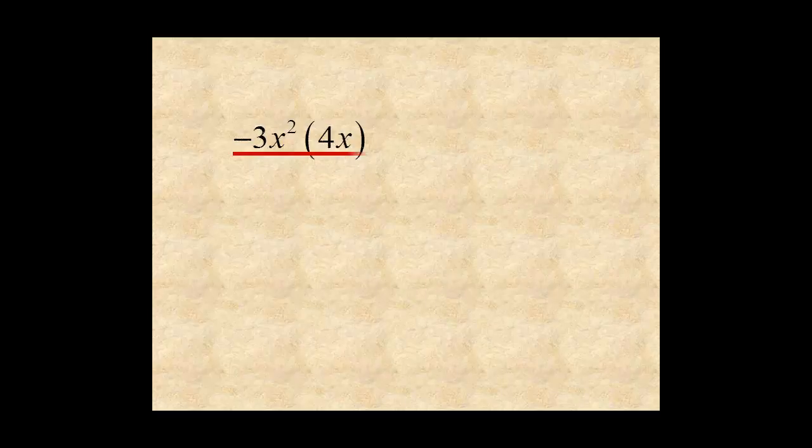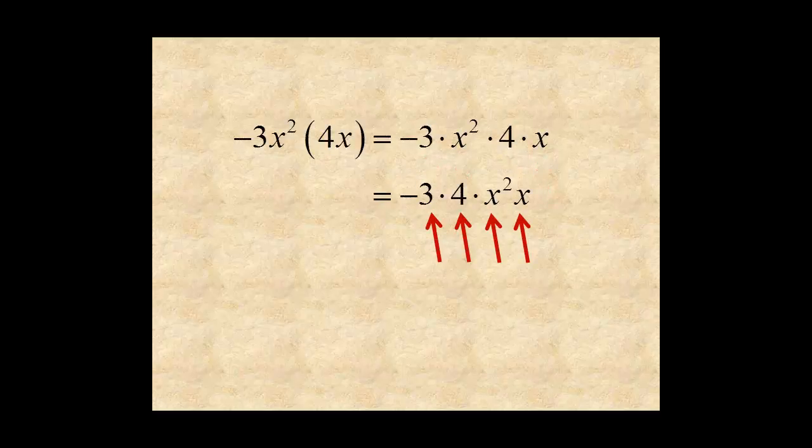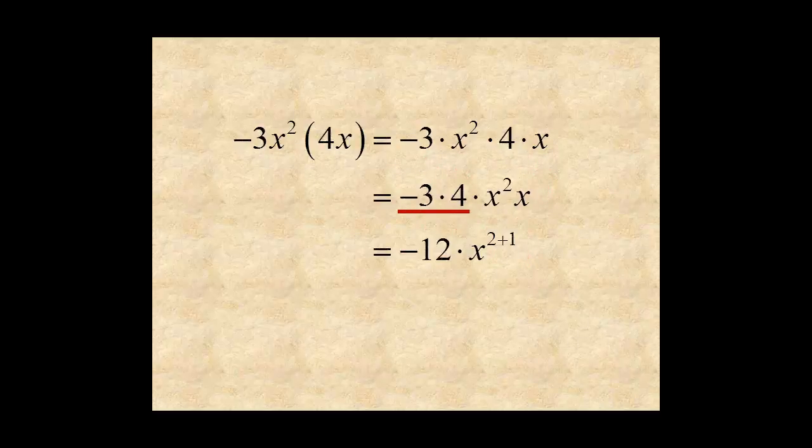This expression is a string of things multiplied together, so you can rearrange the multiplication. Then negative 3 times 4 is negative 12. For the factors of x, add the exponents, and the final answer is negative 12x to the 3.